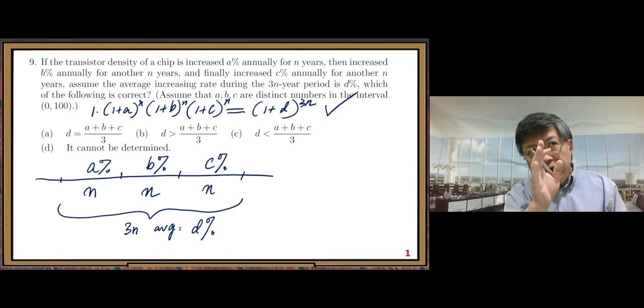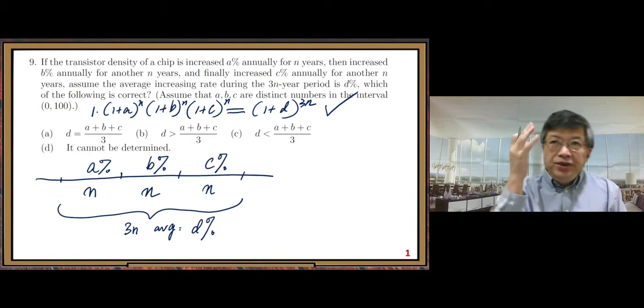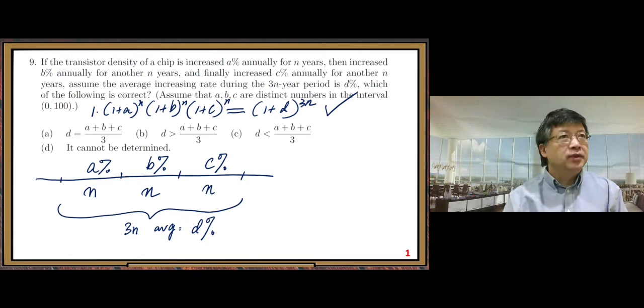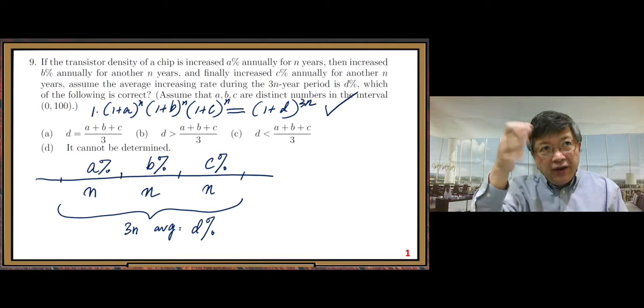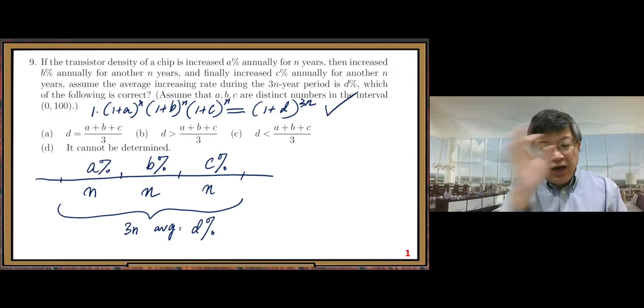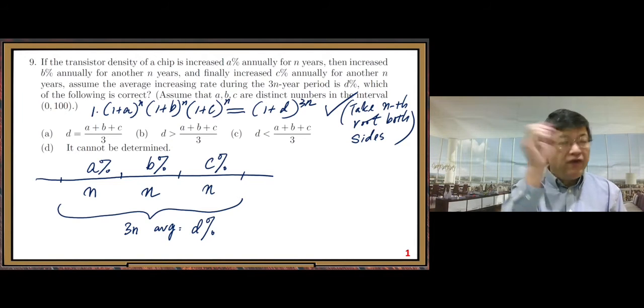From this equation, can we find D? Because we need to know the relationship between A, B, C, D. So what's that relationship? First, we can simplify this equation. Because all n years, both sides, can we take nth root? Just take nth root, both sides, to simplify the equation.